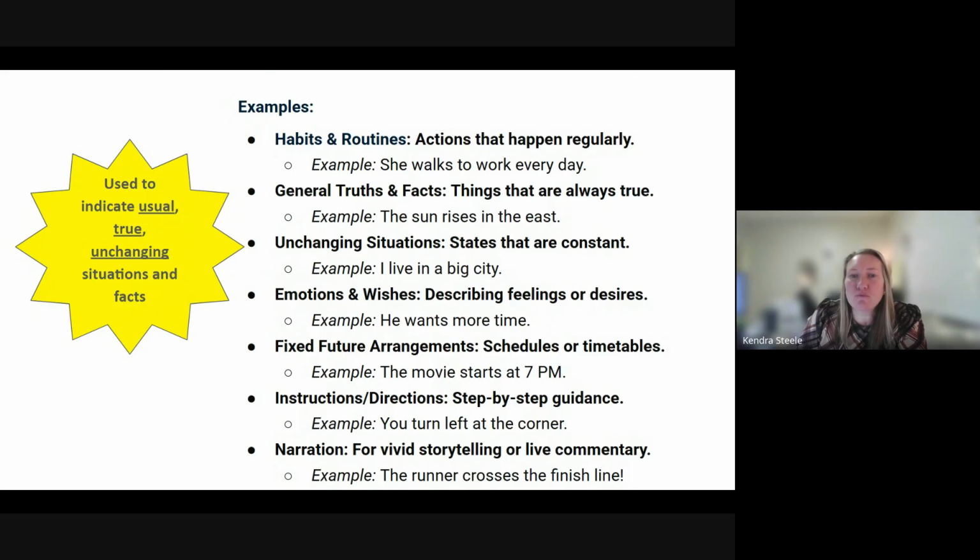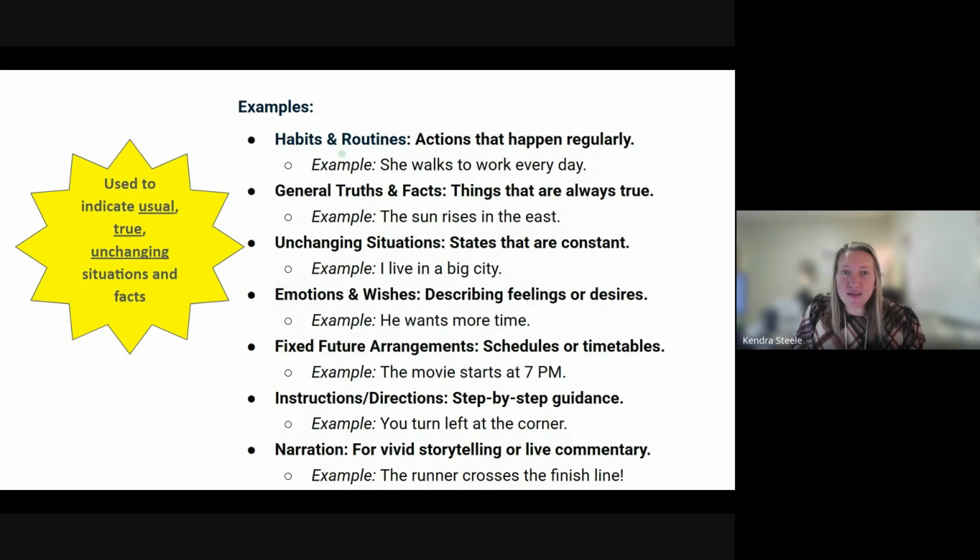Fixed future arrangements. So if you know a specific time or a schedule or a reliable date or time that something happens, you can use the present simple tense, even though this is going to happen in the future. Remember, this tense is about things that are unchanging and true.